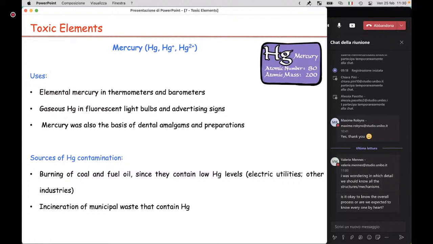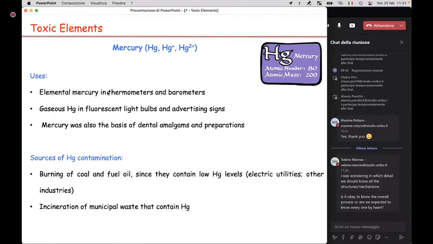It used to be present in fluorescent light bulbs, in particular in so-called neon light bulbs, or, as we call them in Italy, low consumption light bulbs.